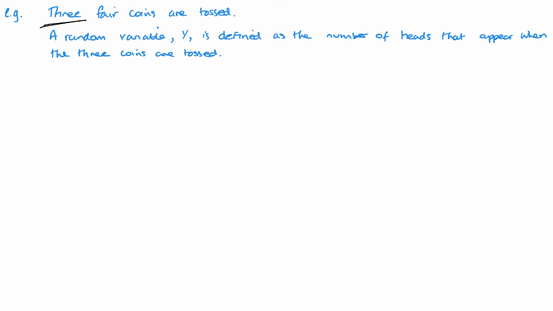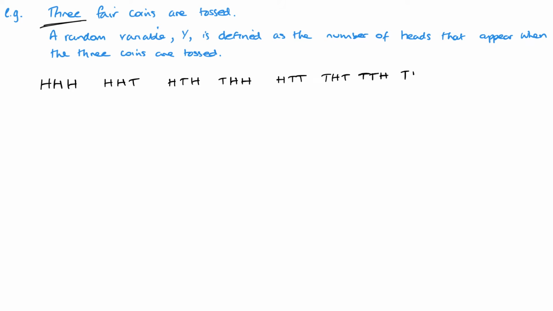So we've got 3 coins. If I toss 3 coins, all my possible outcomes are: I can have 3 heads, I can have 2 heads and a tail, but there's 3 different combinations of that. I could have a head and 2 tails, and again, there's 3 different combinations of that.